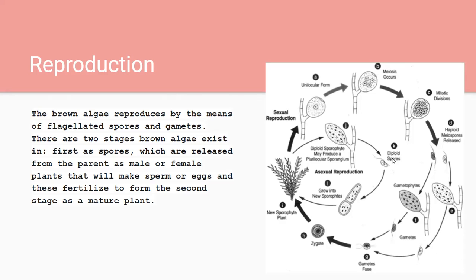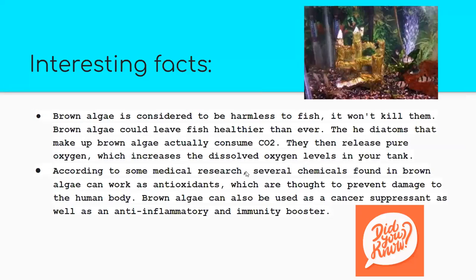And then there are the diploid spores, and the diploid sporophyte may produce sperm. As you can see, all of this occurs in the brown algae, and that's how they are reproduced.